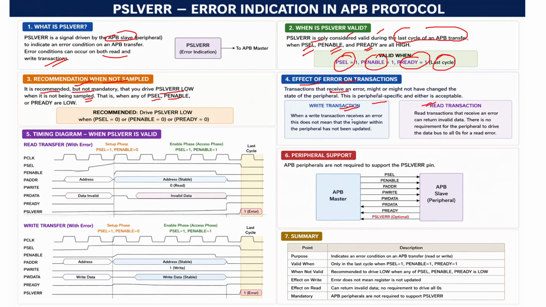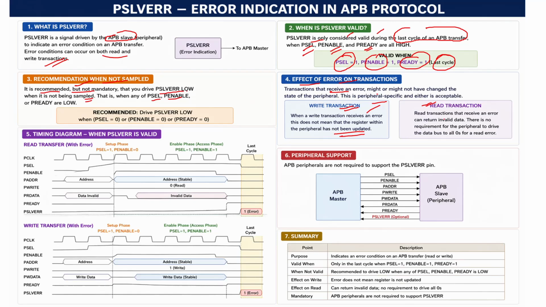During a write transaction, if you are getting an error, your register may have some faulty data. Your register may not have been updated, that is the problem. We are getting the slave error here, otherwise you are not getting any error.